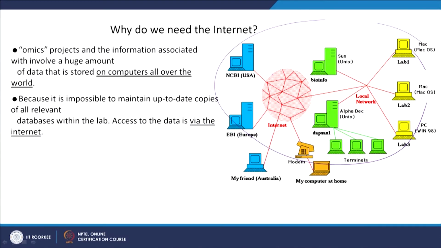So it will not be very taxing on our own personal computer. It is impossible to maintain up-to-date copies of all relevant databases within the lab. Access to the data is via the internet. It is not possible that we have up-to-date copies of every database present in the world within the lab. So people should be able to access it online.